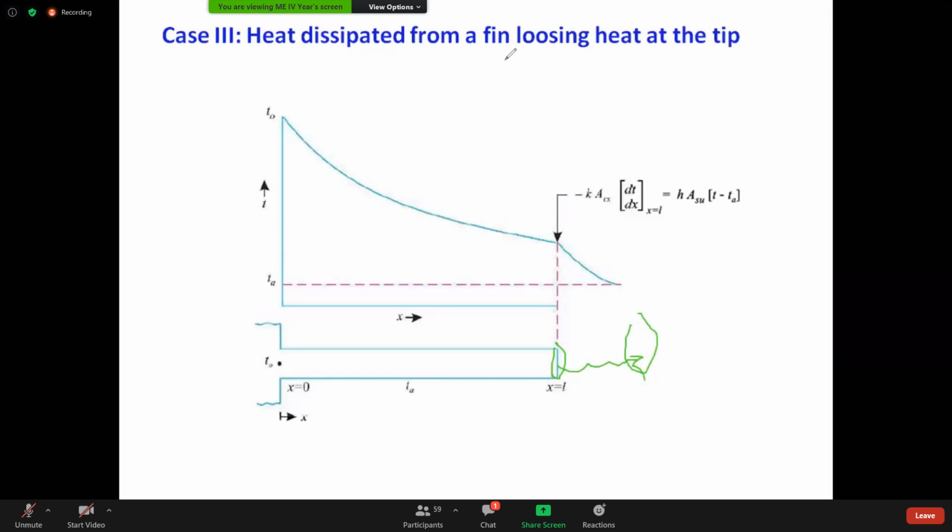Yes. Radiation. No. I did not give any emissivity and all. I considered the h value, let us say h, the convective heat transfer coefficient. So definitely there will be convection heat transfer.